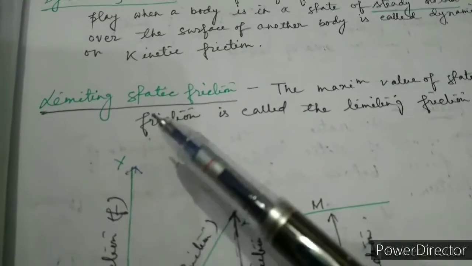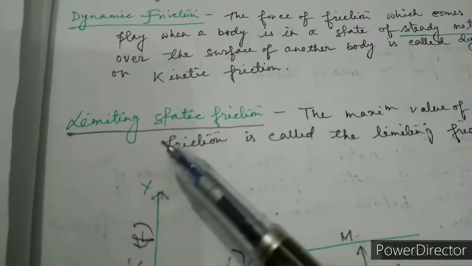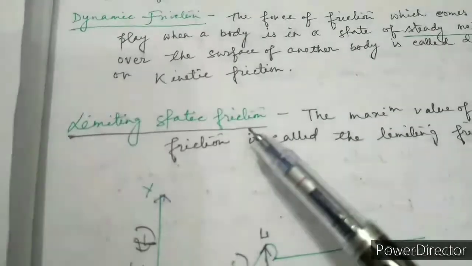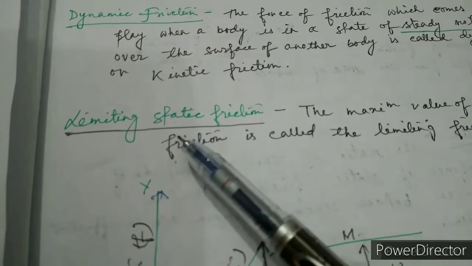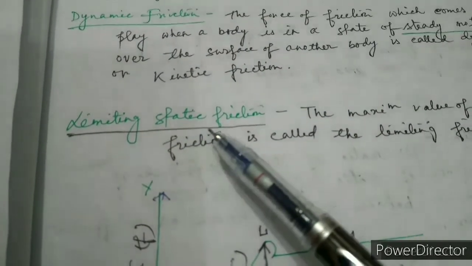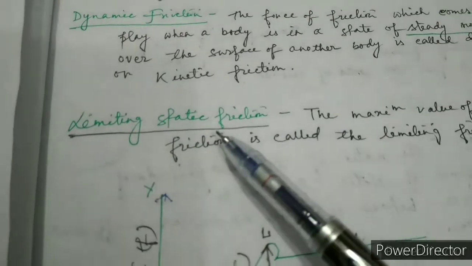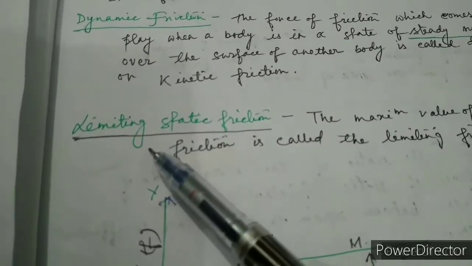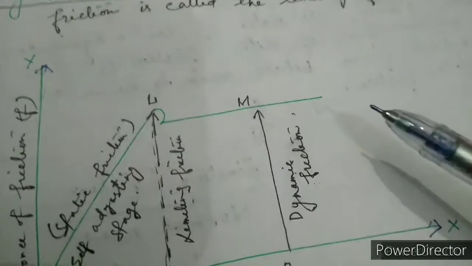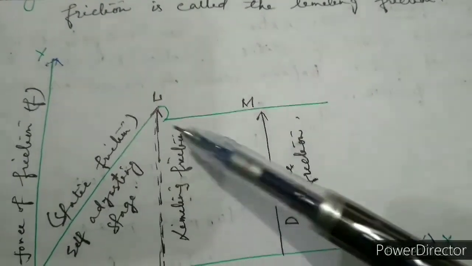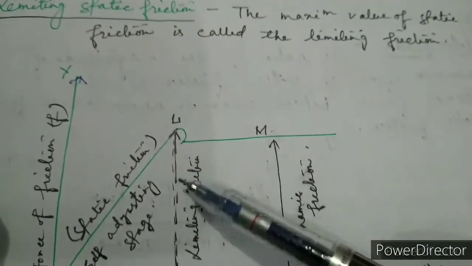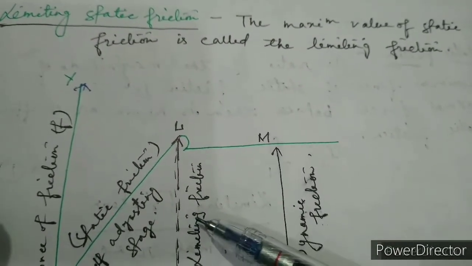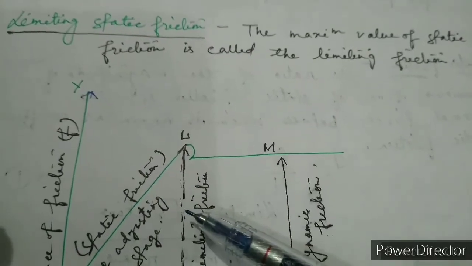Limiting static friction is the same as static limiting friction. Why is it said limiting static friction? Because it is the last amount of static friction after which the body has started to move. That's why it is written limiting static friction. See, this is the limiting friction, and this value is also the limiting static friction. Understood?